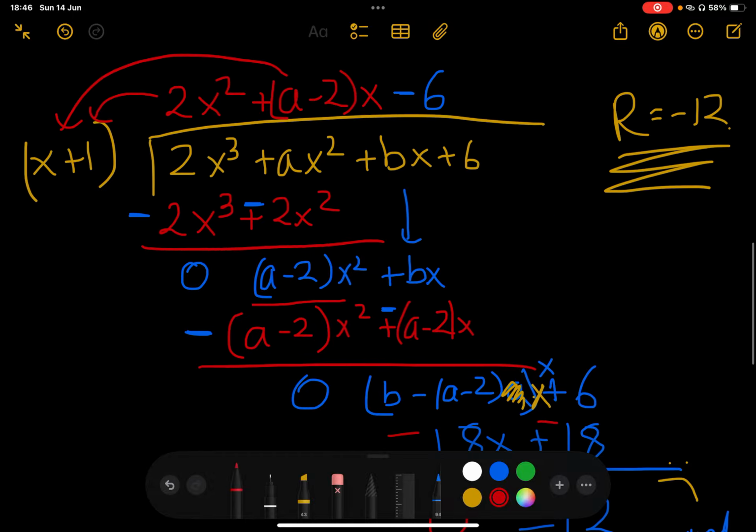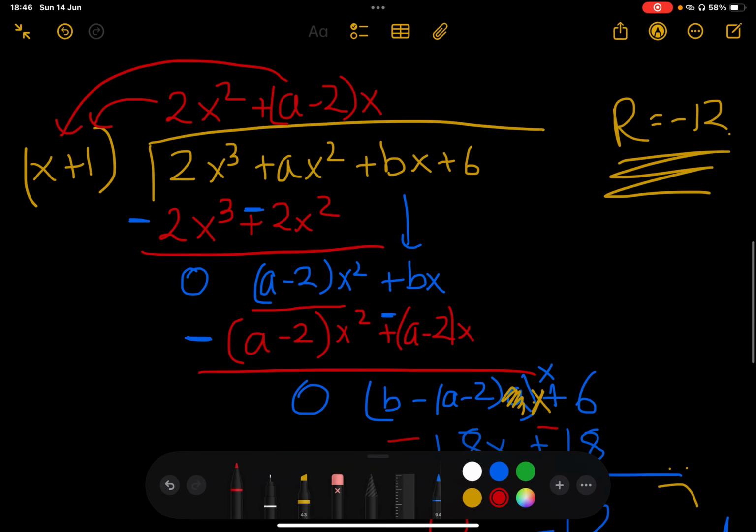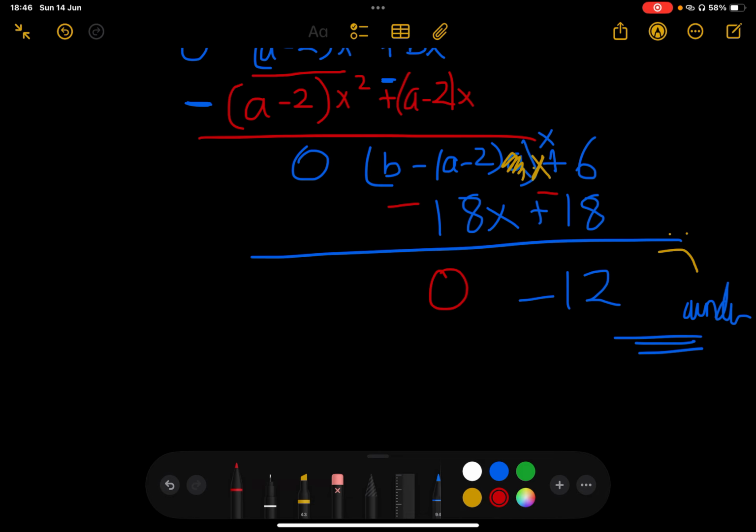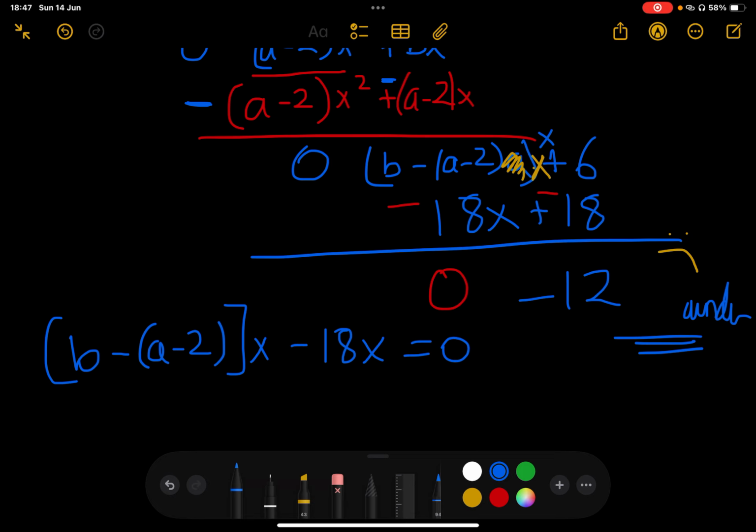Okay, so up here, it should be 18. Okay, so now our equation is b minus (a minus 2)x minus 18x equals 0.